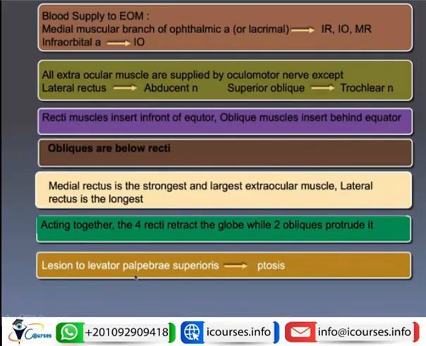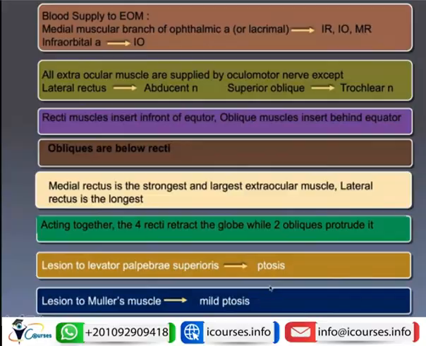If there is a lesion affecting the levator palpebrae superioris, this will lead to ptosis. It will lead to complete ptosis, because this muscle is responsible for elevation of the eyelid.